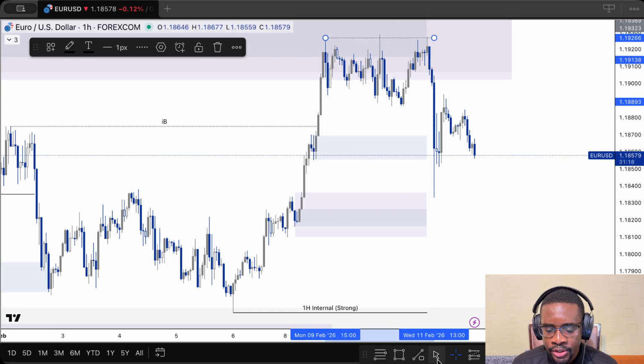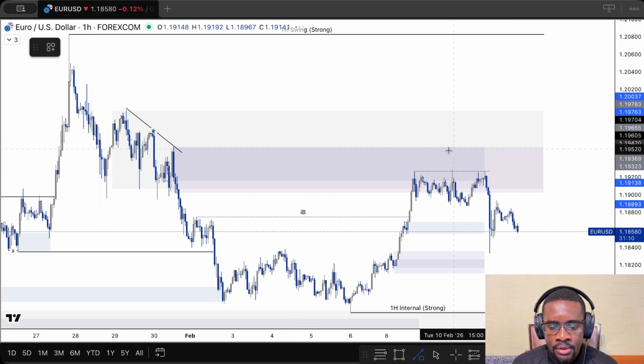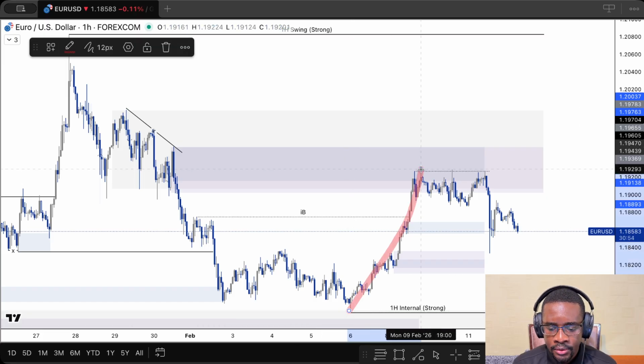We now have a bearish change of character, so this structure is not really relevant up there. We are bullish internal, and all of this is just price pulling back into discount of this range.